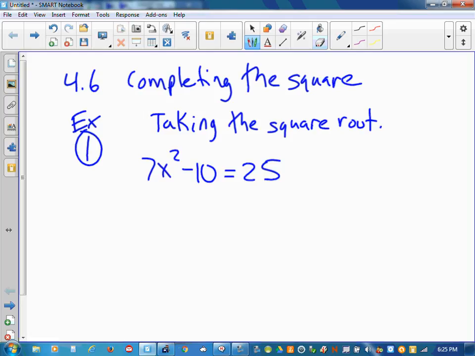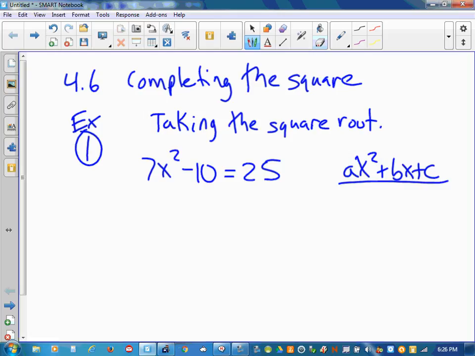We're going to solve this for x, and we're going to use regular old natural algebra steps. And notice there's no x term. There's an x squared and there's numbers, but there's no x. Remember, a quadratic in standard form is x squared plus bx plus c, but there's no x in this, and that's why the square root works.